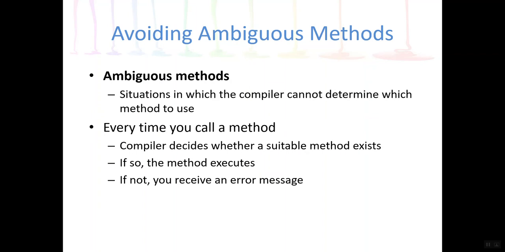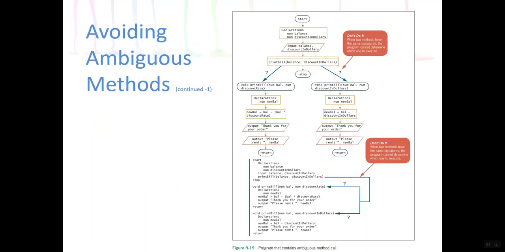So one thing we need to be careful to avoid are ambiguous methods. Ambiguous methods happen when you create more than one method with the same name where the parameter lists do not differ in the number of parameters or the type of parameters. So here's an example. Let's say we had main call print bill and pass in 2 arguments of type number.